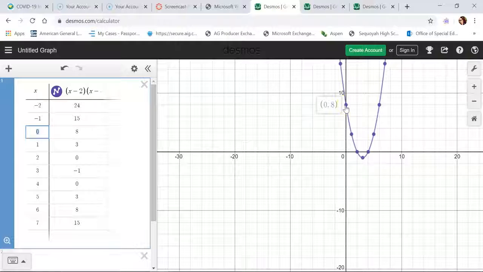I'm going to go ahead and plot that on my graph. You'll see it when it shows up in a minute. This point is 1, 3. Plot that. We've already got these 3 points, and then it looks like this point is 5, 3. And then this point is 6, 8.